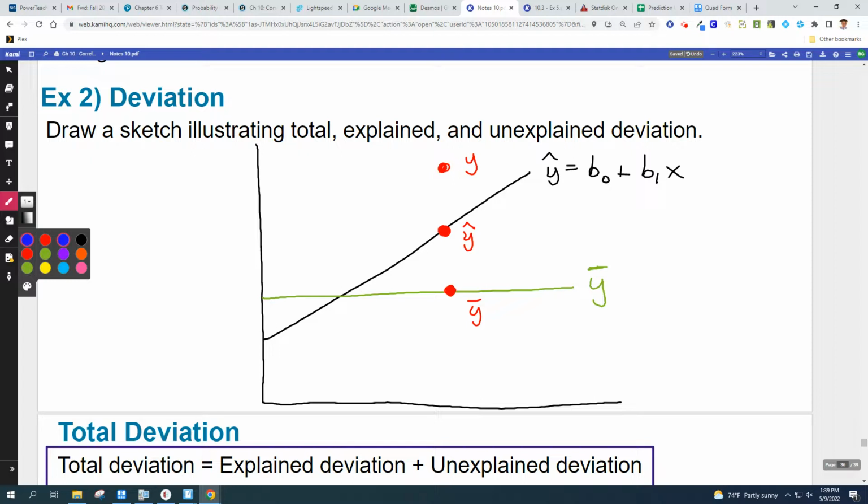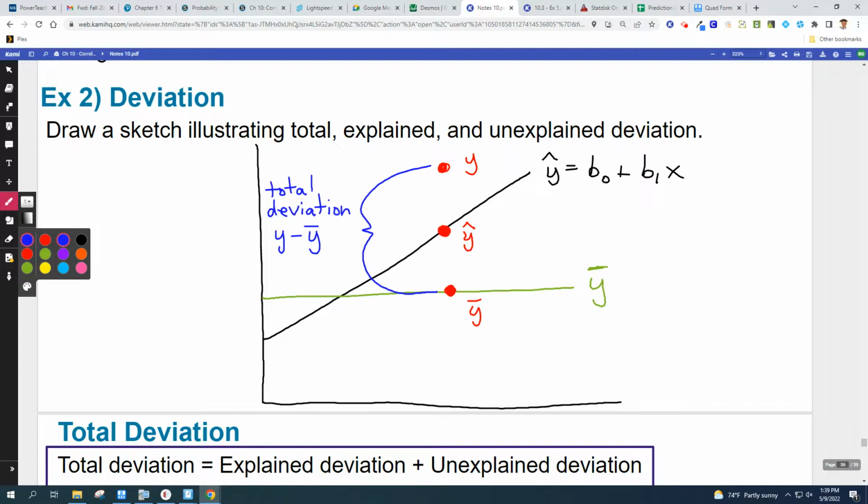So here's what total deviation looks like. Okay. Total deviation is the distance between y and the mean, y minus y bar. Okay.